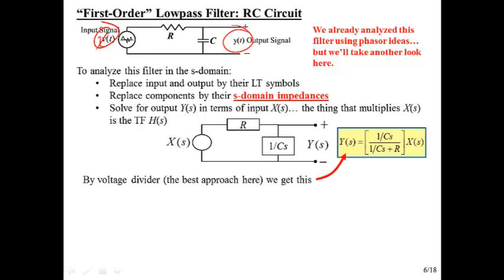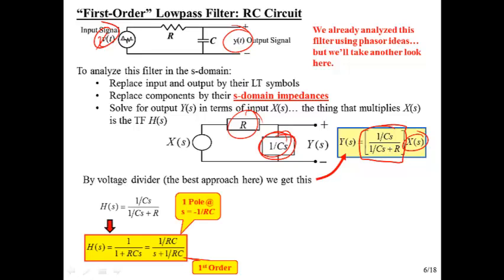So if you do a voltage divider here, is the easiest. So you take this impedance divided by the sum of those two times the input. So there's our transfer function, H of S, but we want to get it in terms of a polynomial in S. So if we multiply top and bottom by CS, then we get something that looks like this.